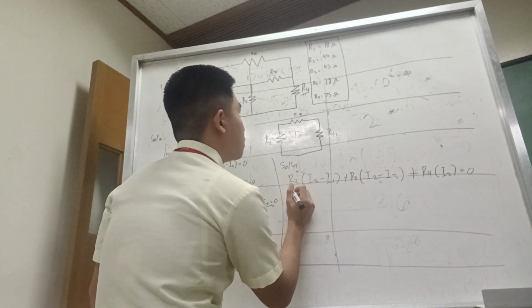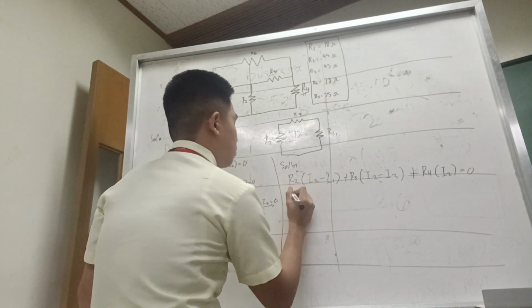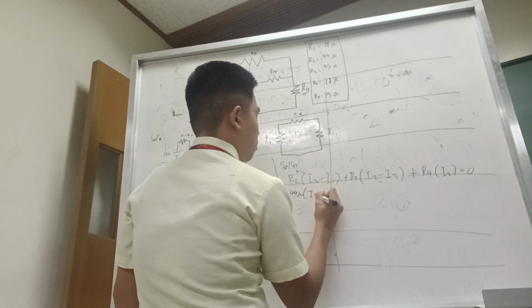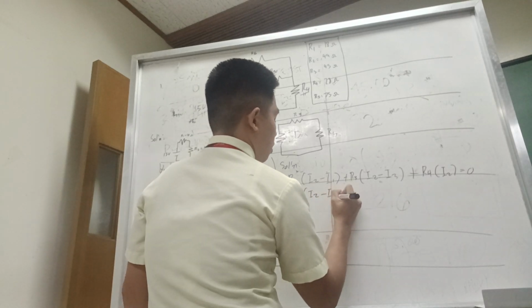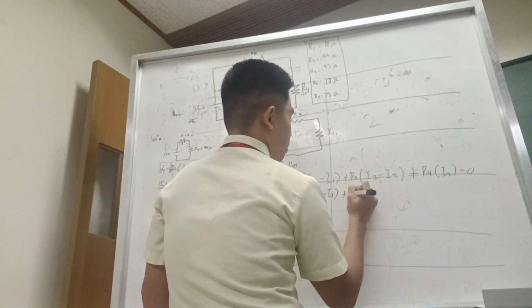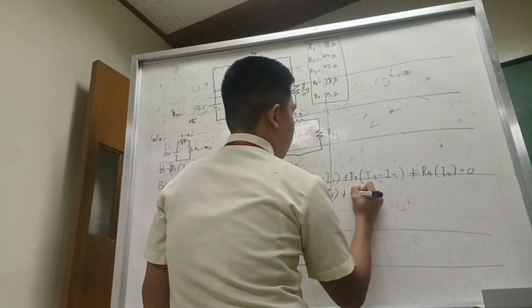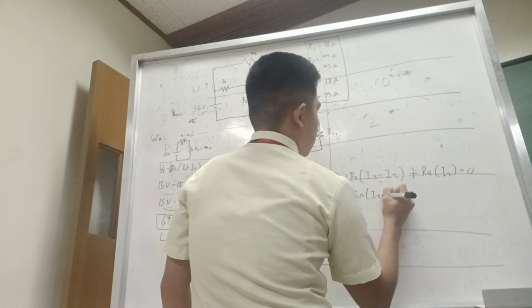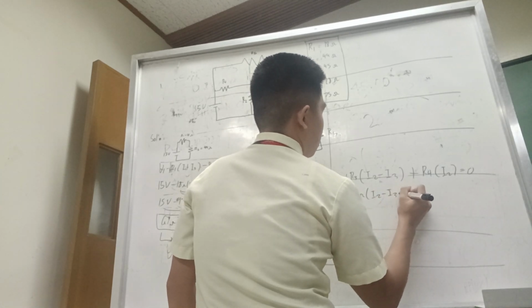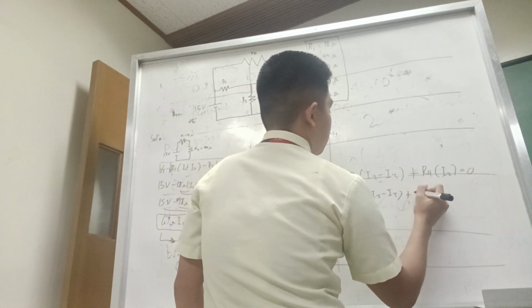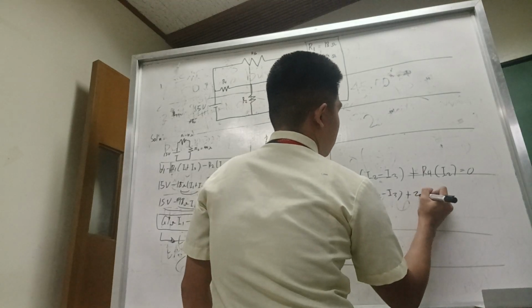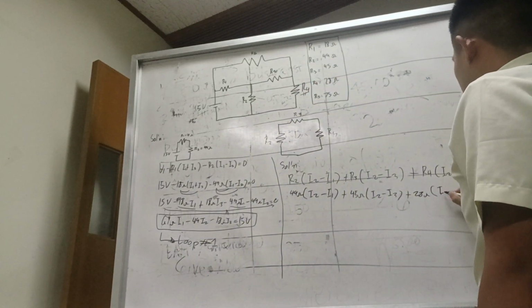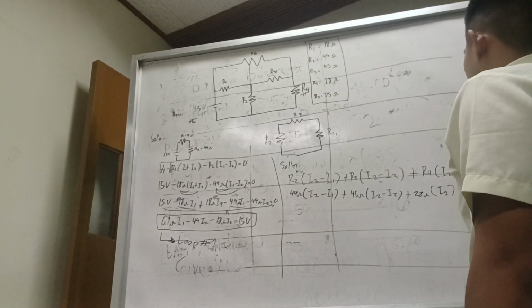So R2 is 49 ohms parenthesis I2 minus I1, plus R3 is 45 ohms parenthesis I2 minus I3, plus R4 is 28 ohms parenthesis I2 is equal to 0.